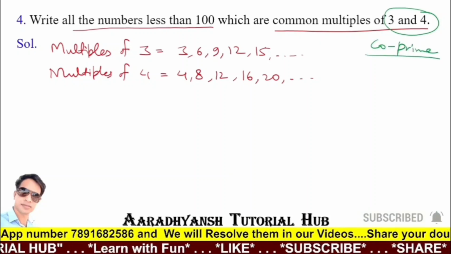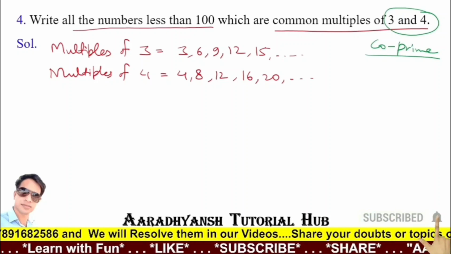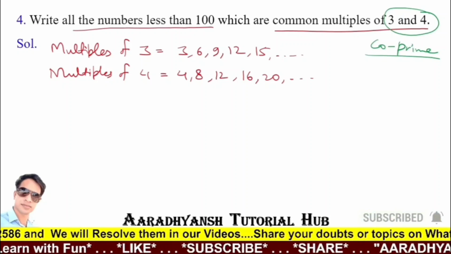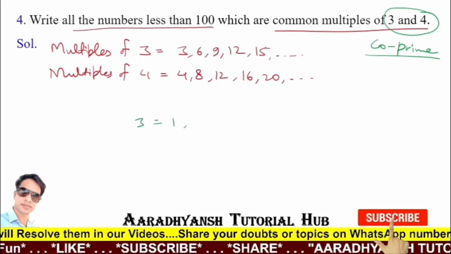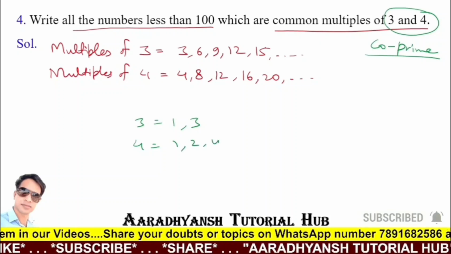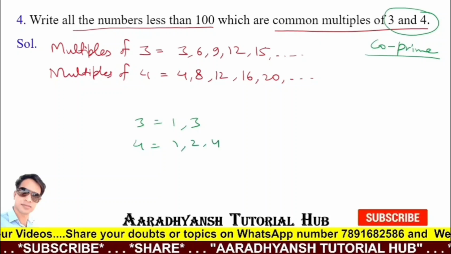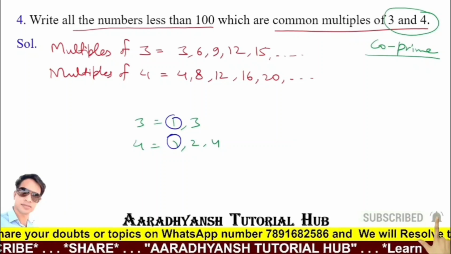because these numbers have only a single common factor, that is 1. If you find factors of 3, these are 1 and 3, and the factors of 4 are 1, 2 and 4. Here you can easily identify 1 is the only common factor.